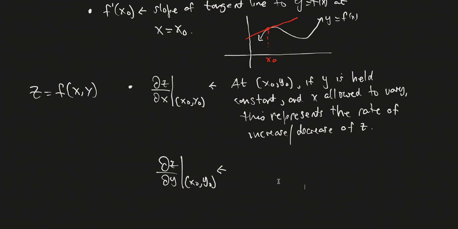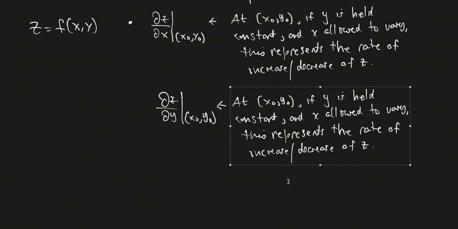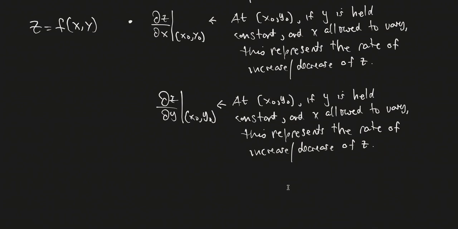Like I said, why reinvent the wheel? All I have to do is switch the x and y here. So now in this case, my x is being held constant and y is allowed to vary.